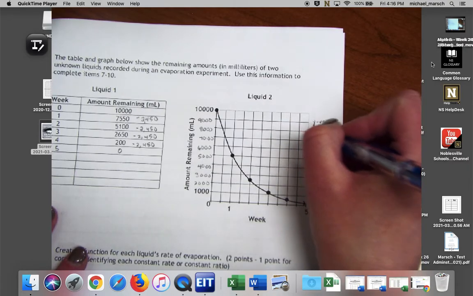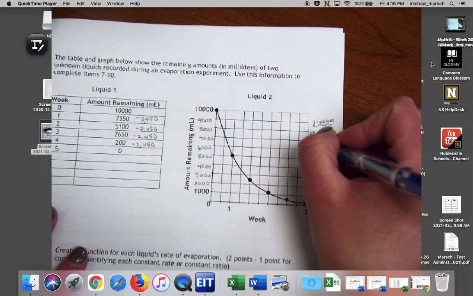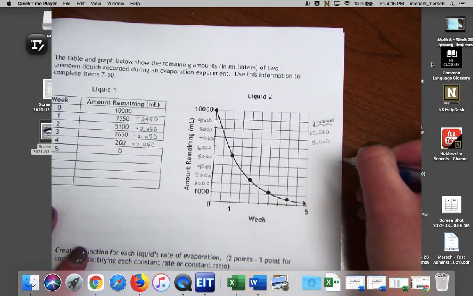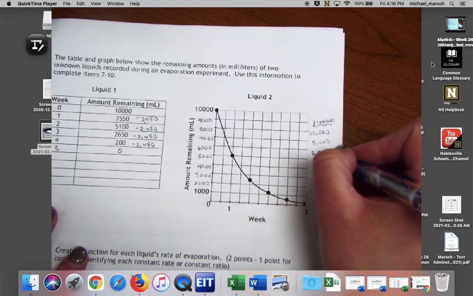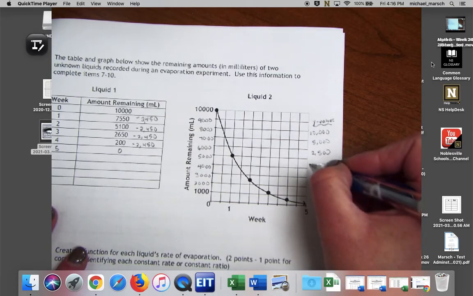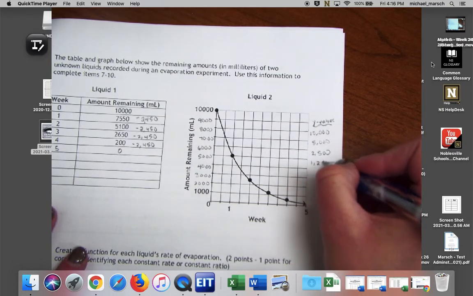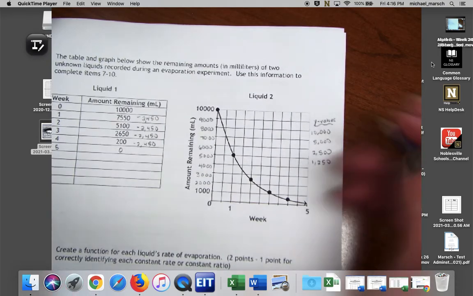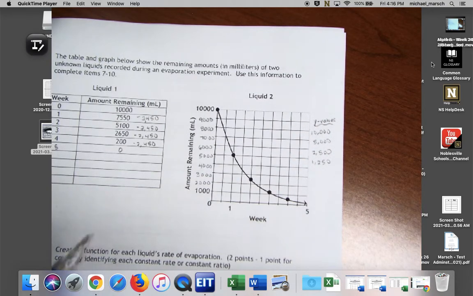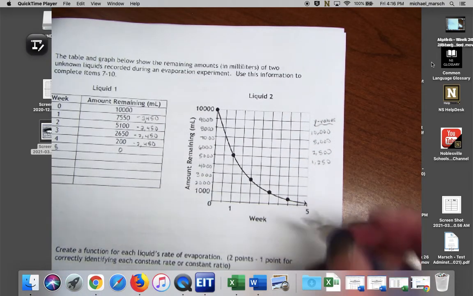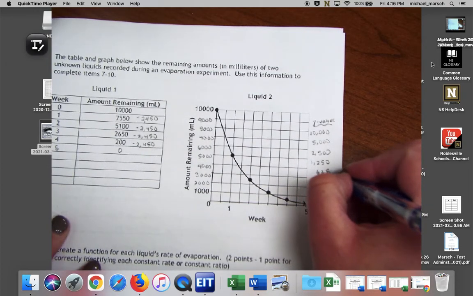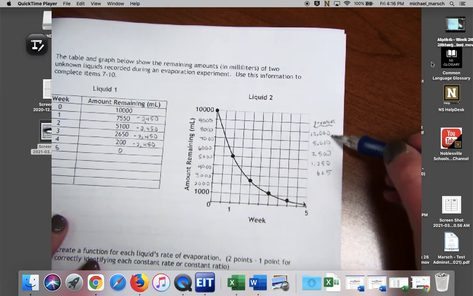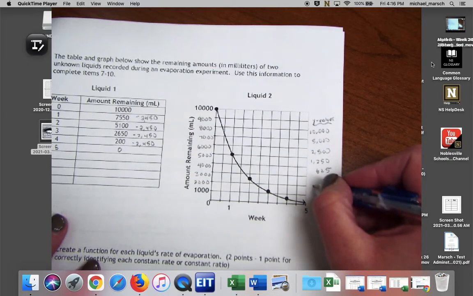I start out at 10,000, then I'm at 5,000, then I'm at 2,500, then I'm at 1,250, and then 1,250 divided by 2, then I'm at 625, and so on, right? So what you can see is happening here is they are dividing by 2 each time, right? So we would say divide by 2.